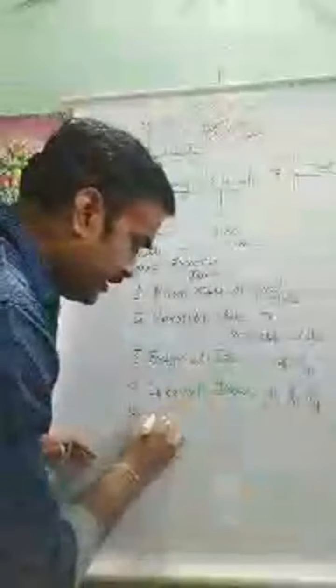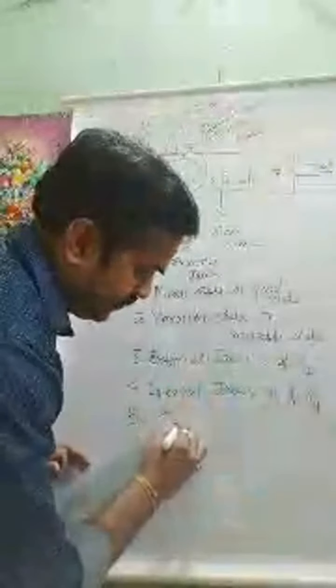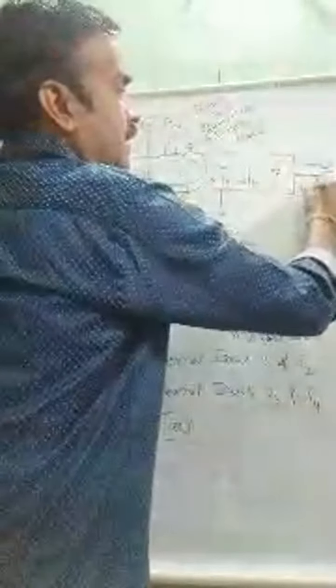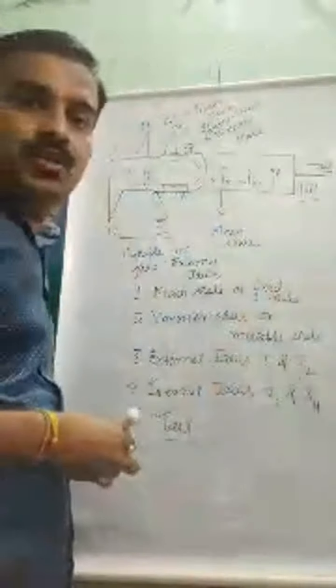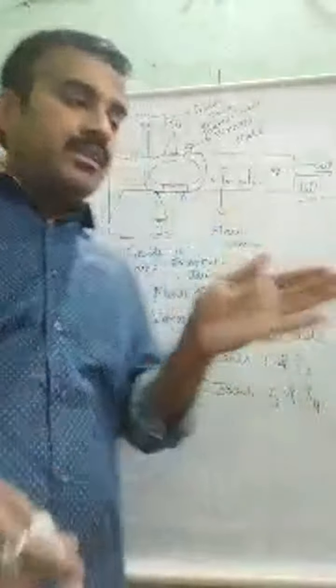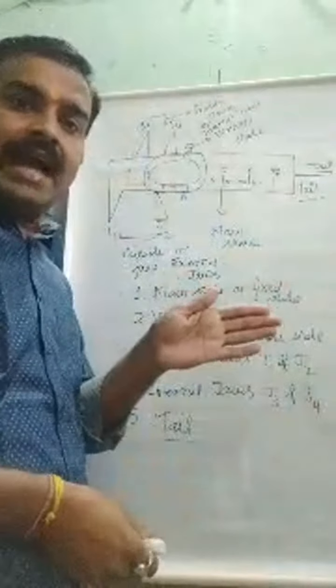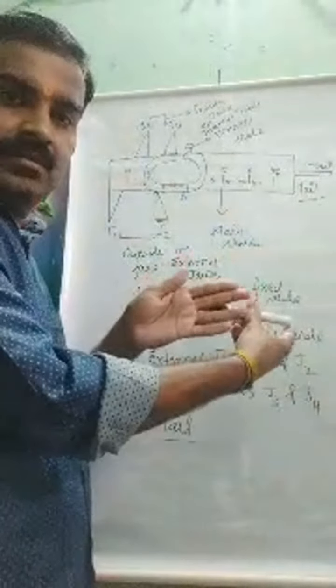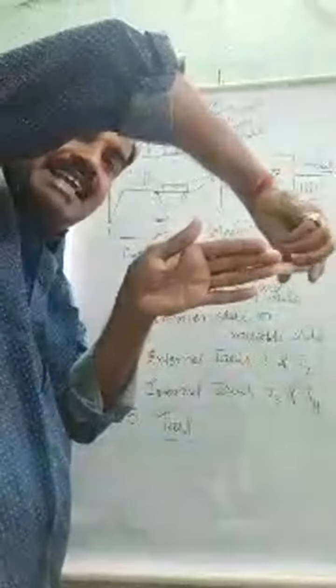Now the last part, the fifth one, is the tail. This one is the tail. Just suppose this is the Vernier calipers; just behind it one scale will be there.